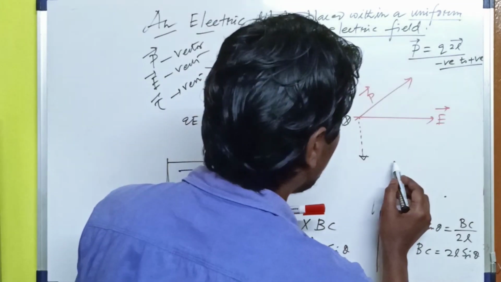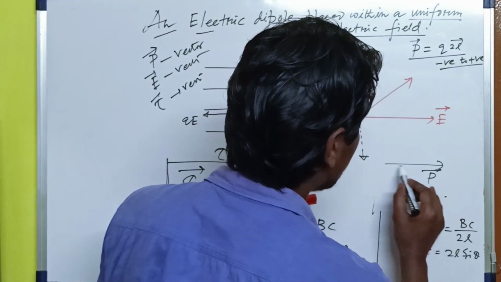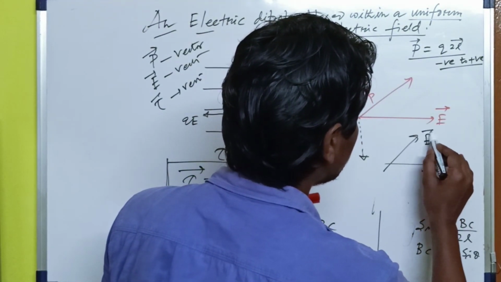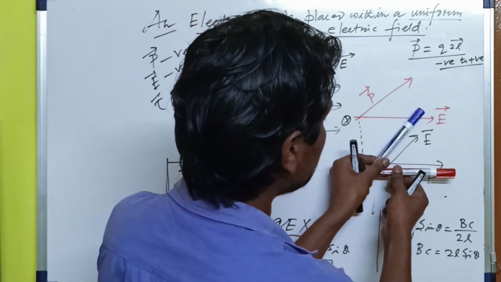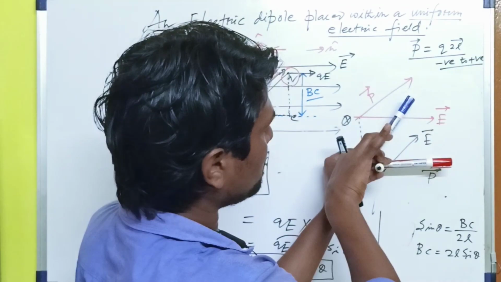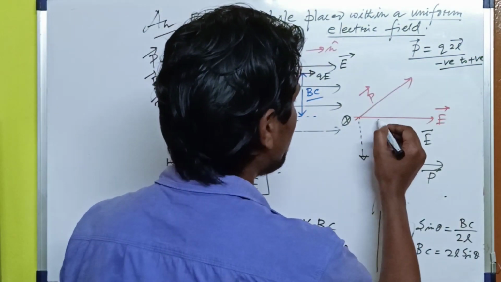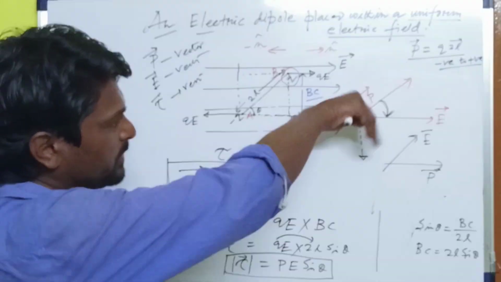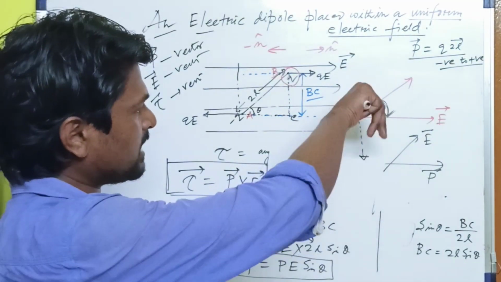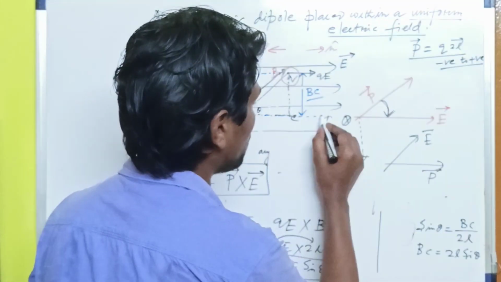For P cross E, this will be the direction. This is P, this is E, then this will be the direction of tau. P crossing means you have to move from P to E, and that will be the direction of the torque.